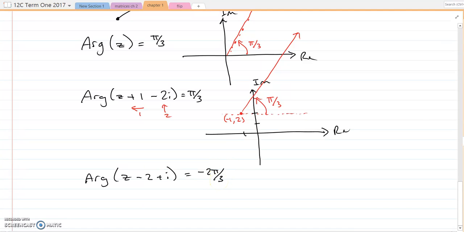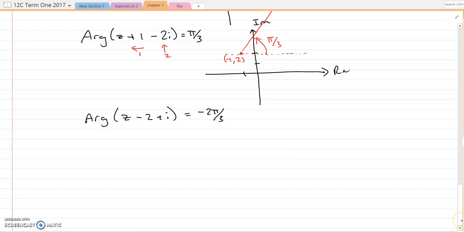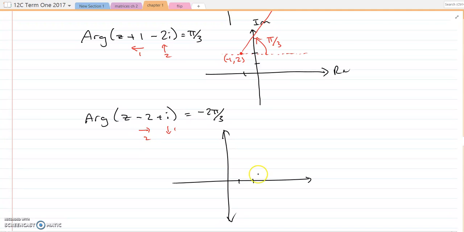Okay, have a go, pause, sketch that. Here we go. So we're plus 2 in the x direction, and we're minus 1 in the y direction. So we're down, minus 1, 2. So we're right here, and negative 2 pi over 3.